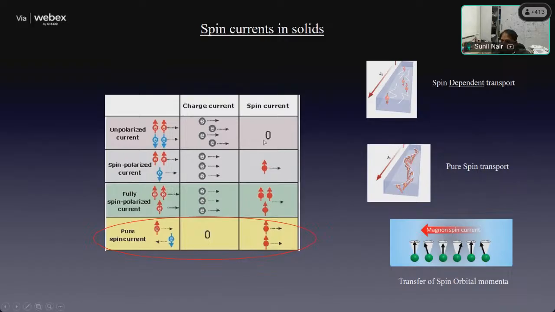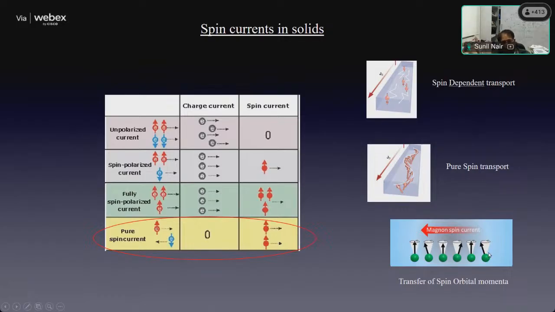So the earlier two cases are known as spin dependent transport because here you actually have electrons which are moving and you're looking at the spin of those electrons. So they are spin dependent electronic transport. Whereas in the last case, you're looking at purely magnonic transport. There is no charge which is flowing in a solid. You only have the spin degree of freedom, which is basically a transfer of spin orbital momenta.